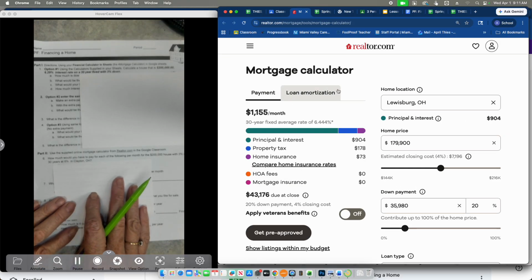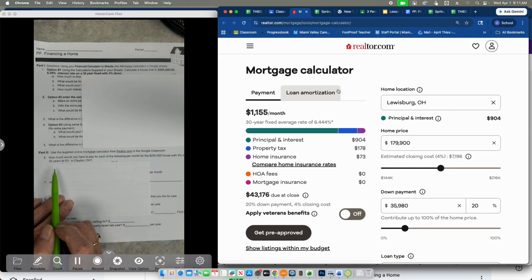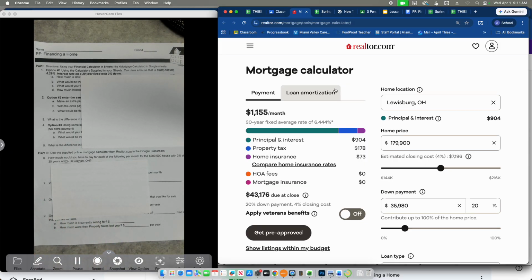Now in this, we're going to do the same kind of house, $200,000. We're going to put 3% down. Our interest rate is a little bit different. And we're going to look in Clayton, Ohio. So one of the things that you must do in here is change this to Clayton.